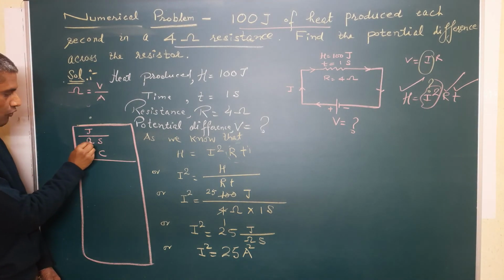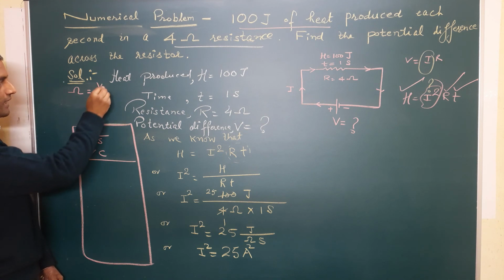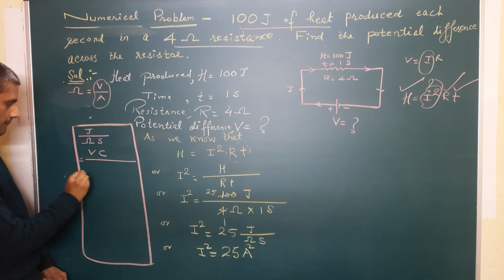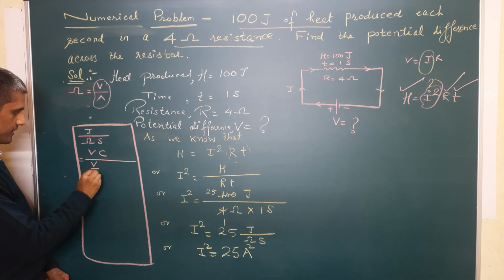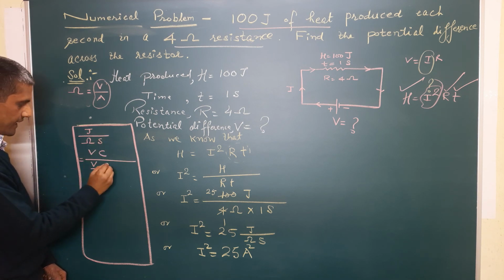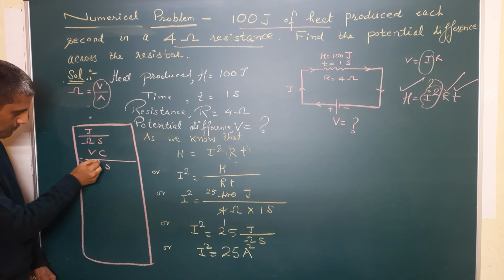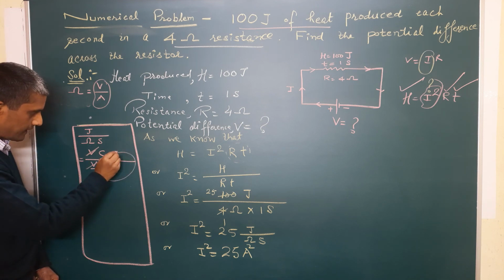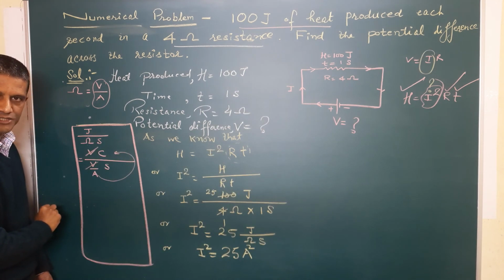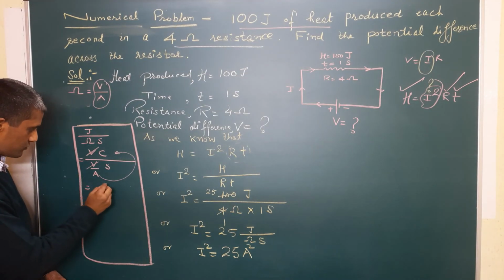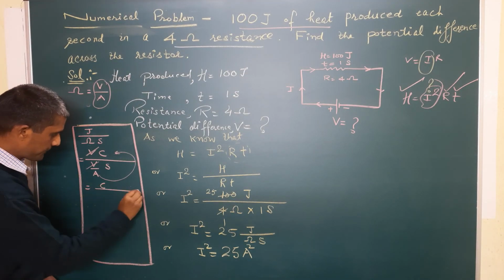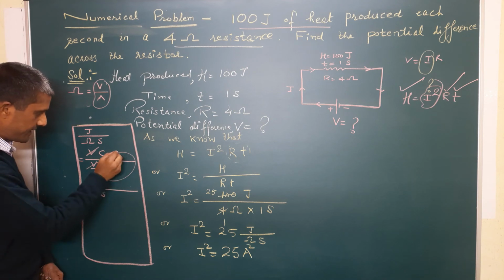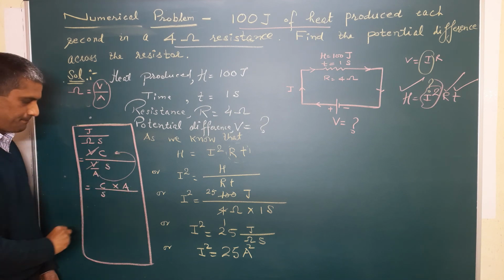So in place of ohm, we are going to write volt upon ampere, and second remains as it is. Volt and volt cancel straight away. This ampere goes towards the numerator, and it is equal to coulomb upon second, and over there it is ampere.